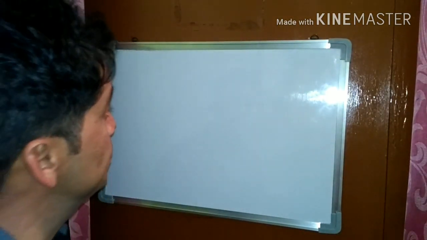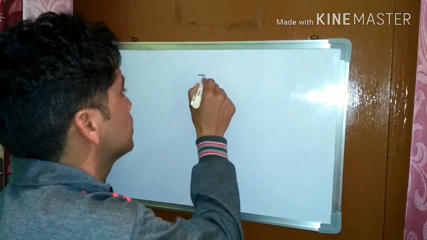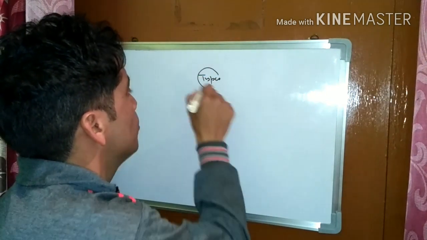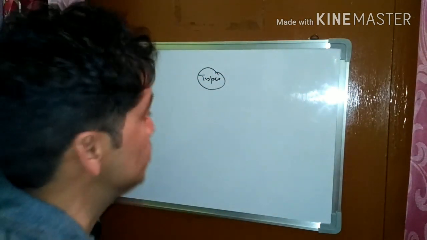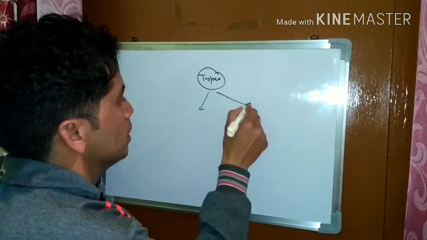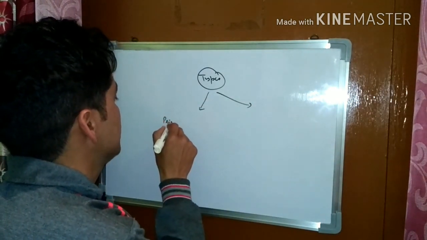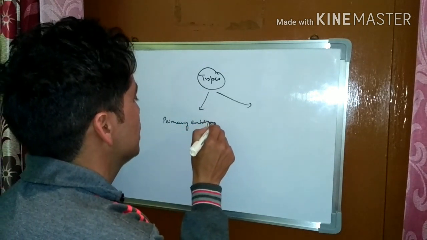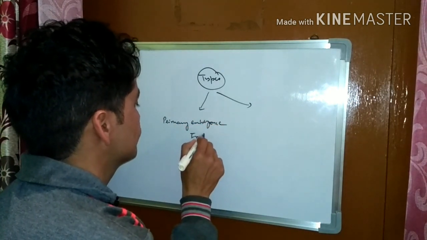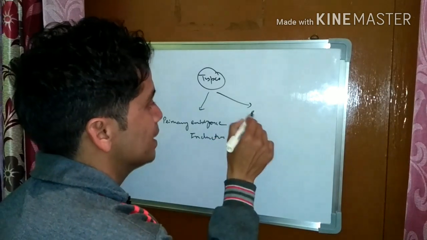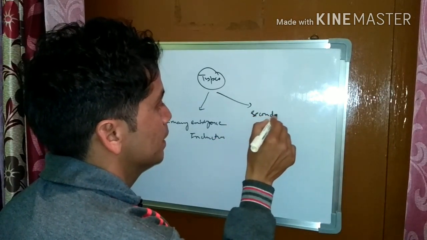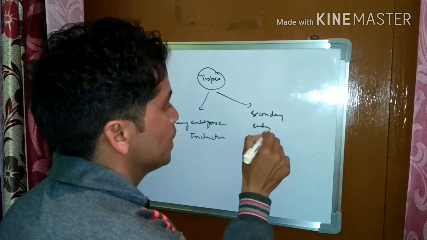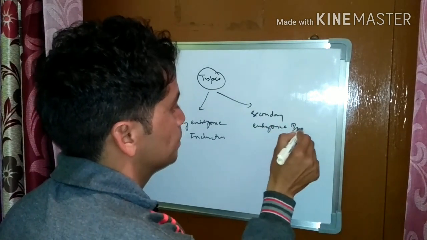Let's talk more about it. Types. Embryonic induction can be categorized into two types. First, primary embryonic induction. Second, secondary embryonic induction.